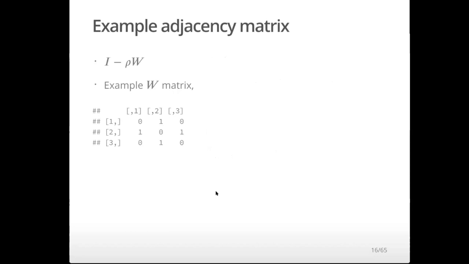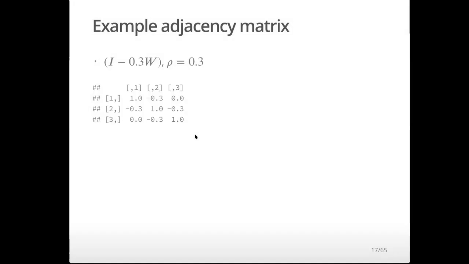Okay, to show what this actually means, we have this quantity I, which is an identity matrix, minus rho times W. If our W matrix looks like this, and we assign a value of rho, say rho was 0.3, then the quantity I minus rho times W has a diagonal of 1, which is good because that is essentially going to be the correlation matrix, and the values on the off diagonal here are minus 0.3.